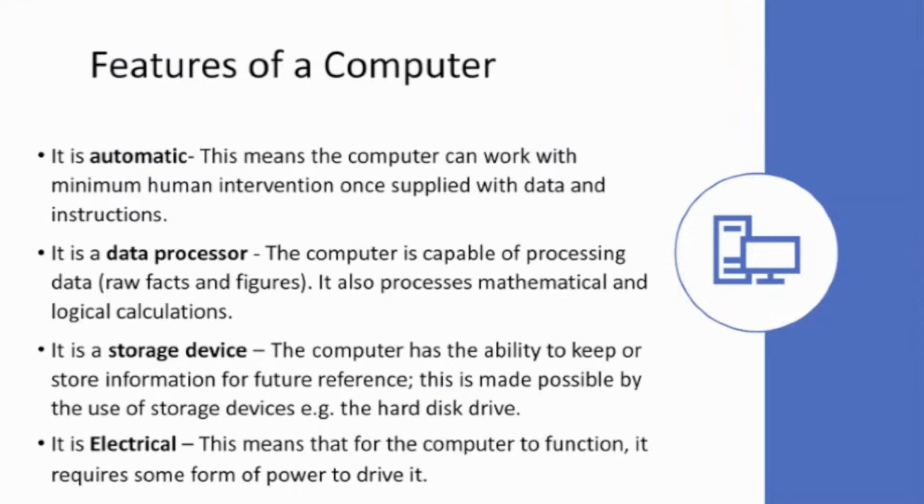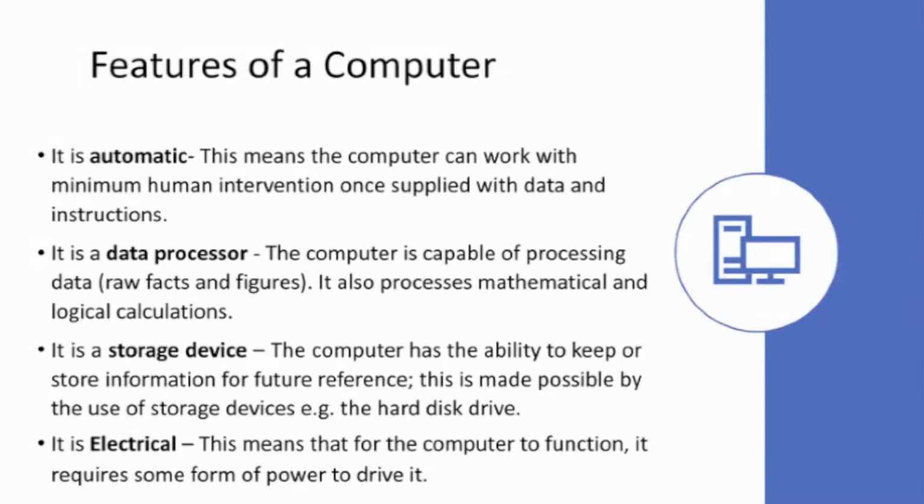We only need to give instructions. So it's an automatic device. It means a computer can work with minimum human intervention, so there is no need to deal with our computers every time.